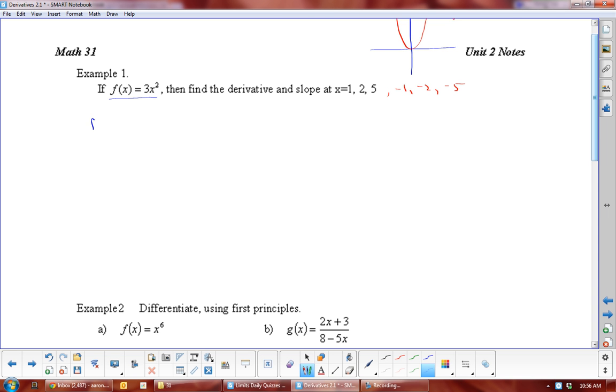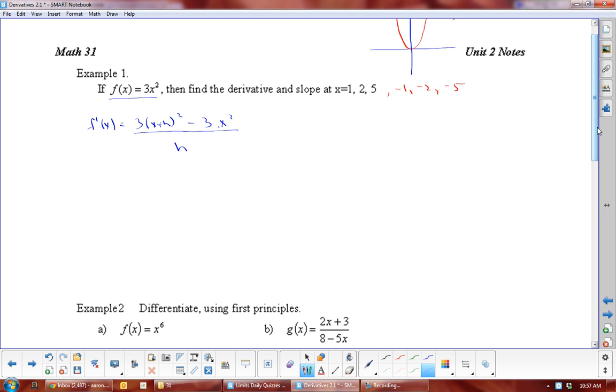So f prime of x equals, now we're going to put x plus h squared minus 3x squared, oops, I guess I don't need a bracket there, all over h. Okay, so you take your equation and you put x plus h into it, and then minus the original.